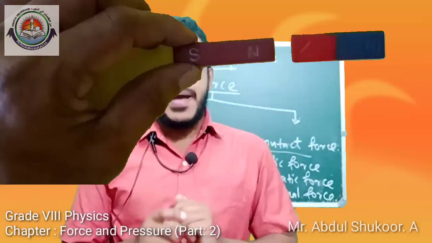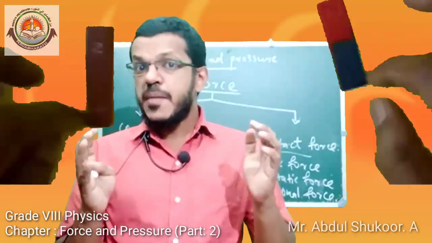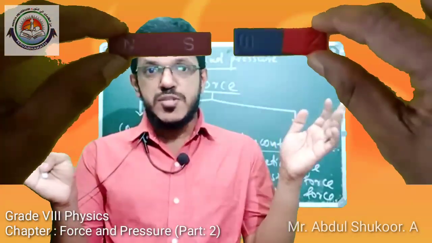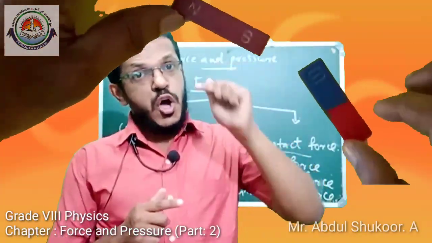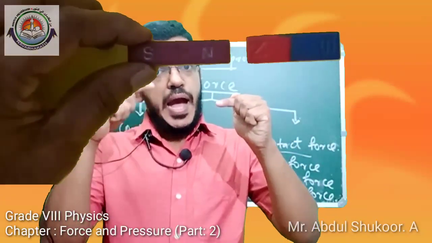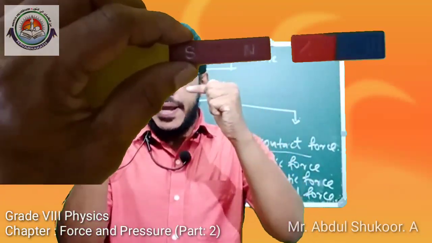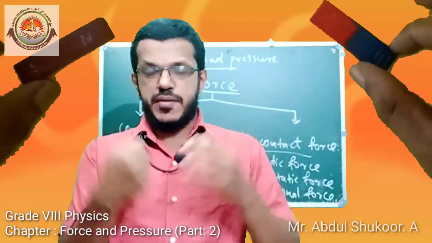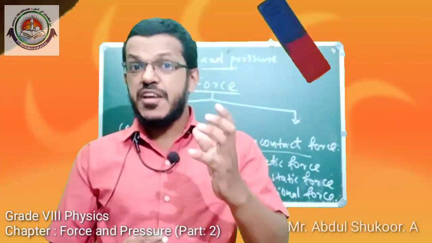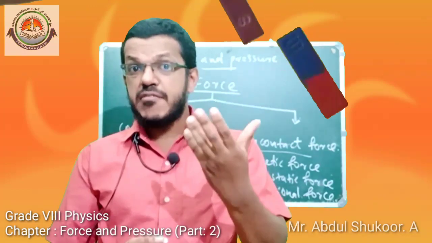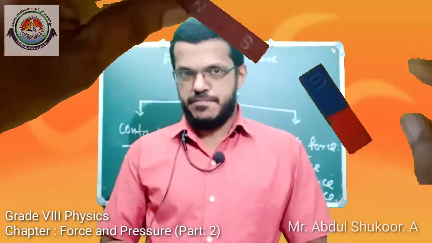In the case of bar magnets, like poles repel each other and unlike poles attract each other. From this we can say that if you approach the north pole of a bar magnet to the north pole of another bar magnet, they will repel each other. That means the magnetic force may be attractive or repulsive.